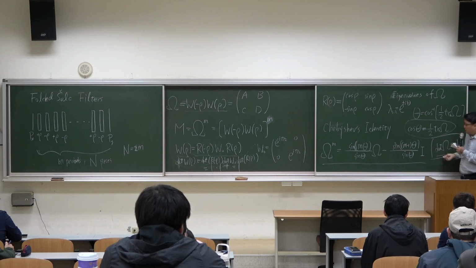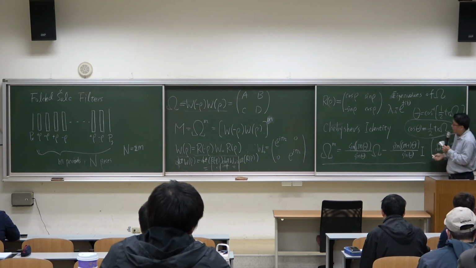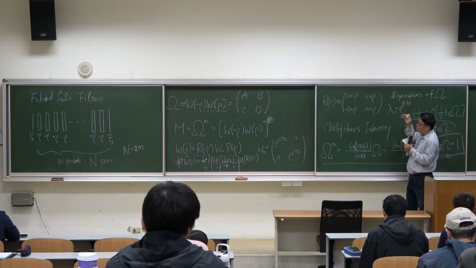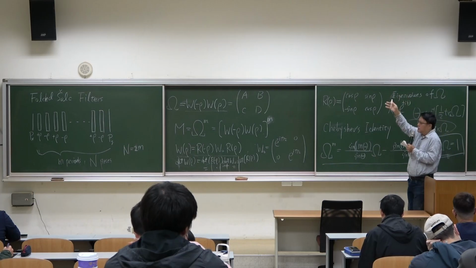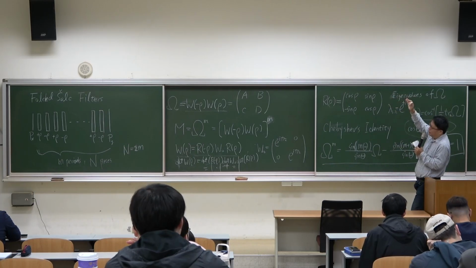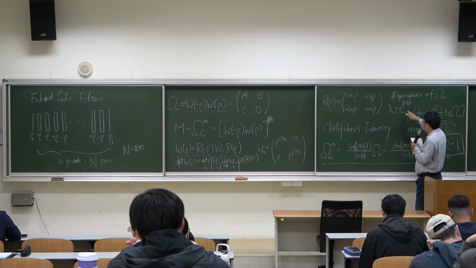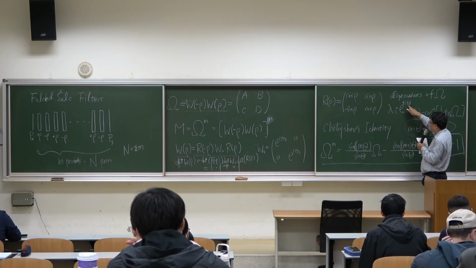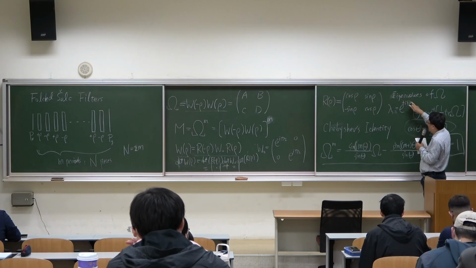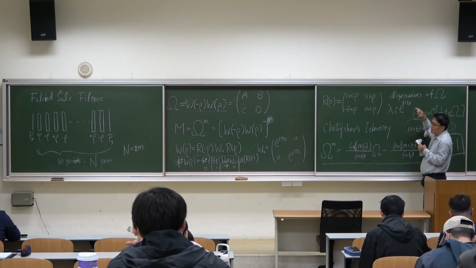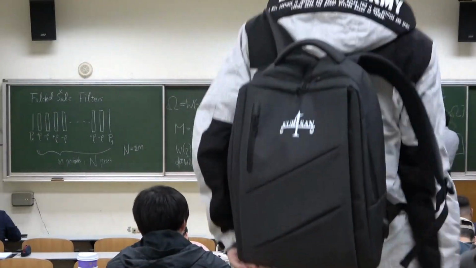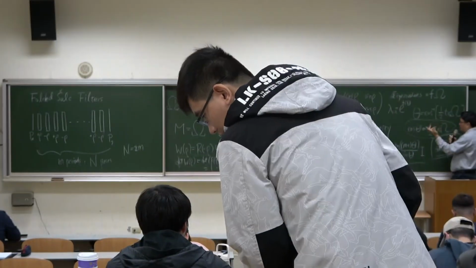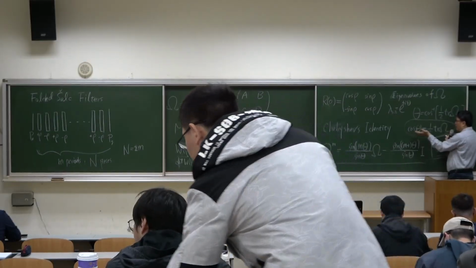Okay, this property tells us that we have two eigenvalues. Eigenvalue 2 is the inverse of eigenvalue number 1. So if I denote the first eigenvalue as exponential i theta, then the second eigenvalue can be represented by exponential minus i theta. Okay, and then when I sum over the two eigenvalues, I get double cosine theta.